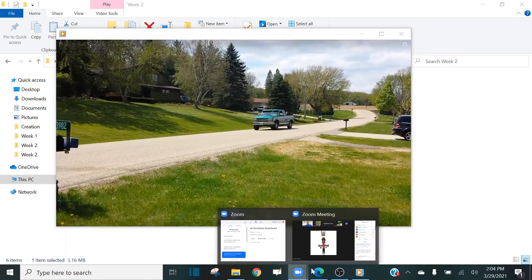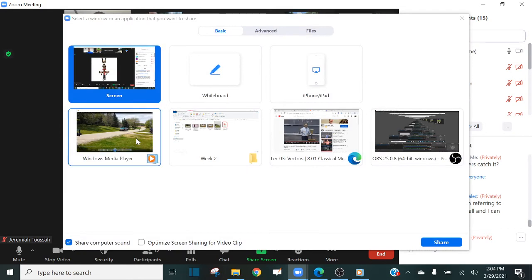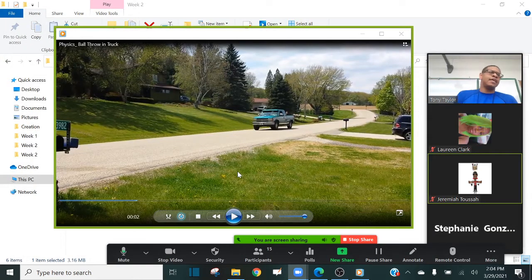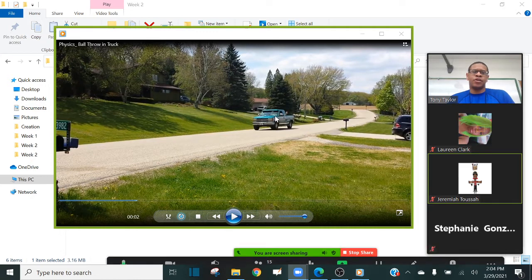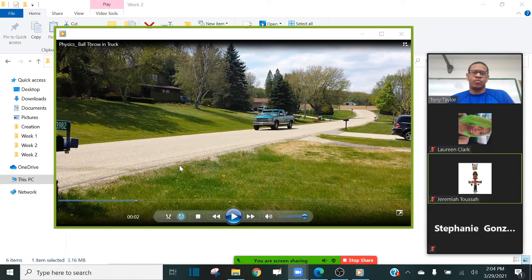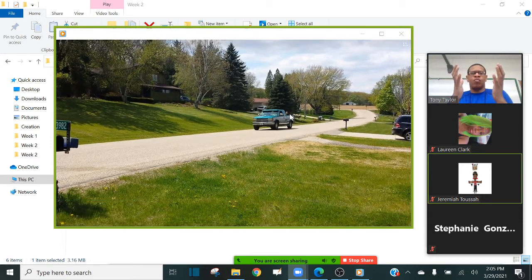In this video clip, I want you to notice there's a pickup truck driving down this road. As this pickup truck drives down the road, there's a boy in the back of the truck, and he has a ball in his hand. While that truck is moving, he's going to throw the ball straight up.